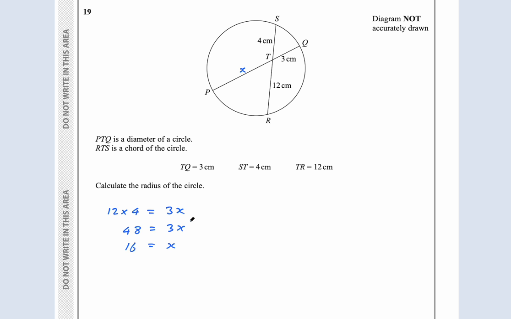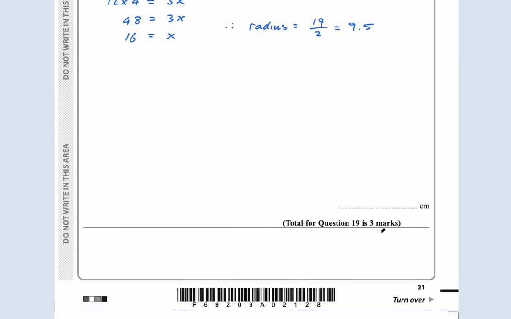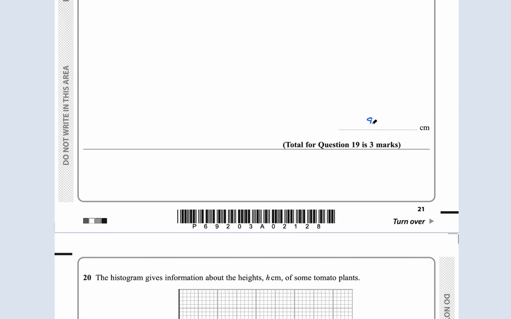Okay, x is 16, fine. Therefore, the diameter, which is PQ, the length of PQ, I should say, is equal to 16 plus 3, which is 19. Therefore, the radius is equal to 19 over 2, which is 9.5. So the radius of the circle is 9.5, and that's it, 9.5.